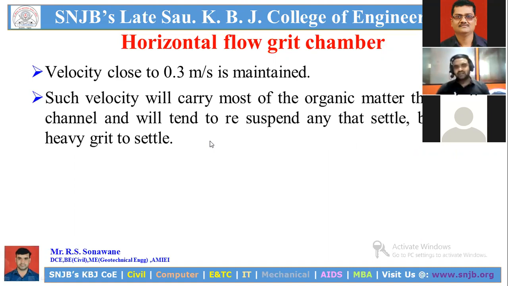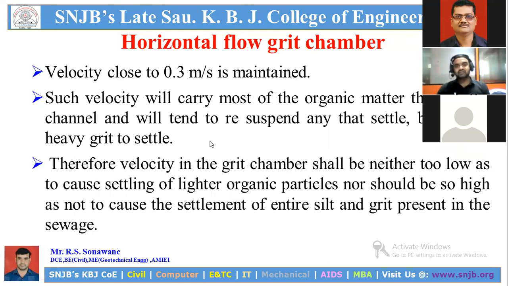And the last point about the horizontal flow grit chamber is that the velocity in the grit chamber shall be neither too low as to cause settling of lighter organic particles, nor so high as to not cause the settlement of the silt and grit present in the sewage. The meaning of this sentence is simple: we cannot keep the velocity very low, and we cannot keep it very high.